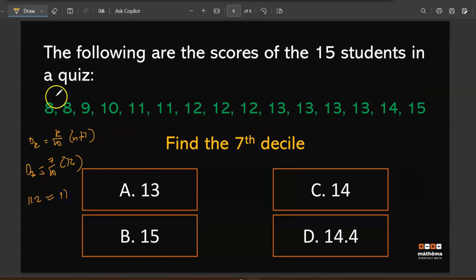So we count 1, 2, 3, 4, 5, 6, 7, 8, 9, 10, 11. This is our 11th term, that is letter A. Again, this is the solution for the exercise, and I will repeat, I am using the traditional approach.